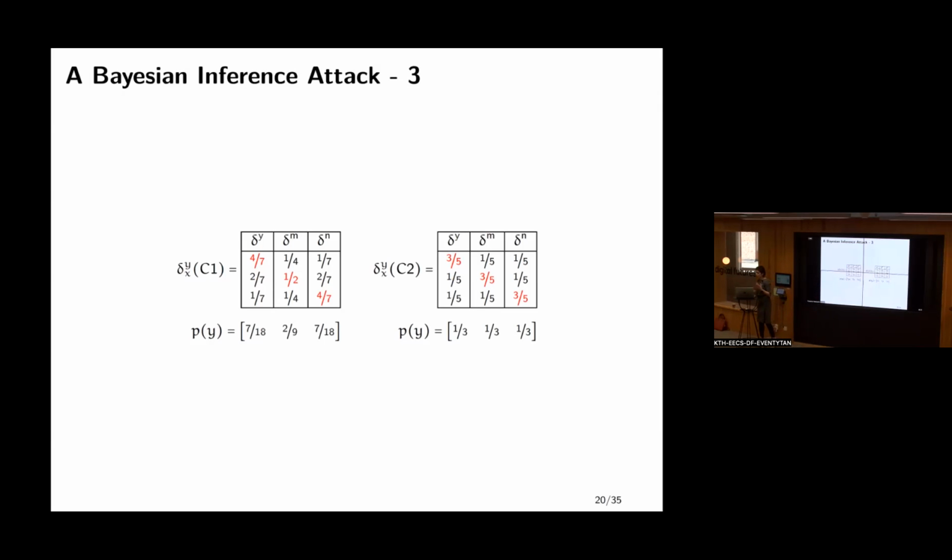This is what a Bayesian attacker would do, and the ones shown in red are the maximum in this distribution. 4/7 is the most likely outcome. 1/2 is the most likely outcome. So the attacker would revise its posterior belief and guess the most likely secret like that. I hope this is clear.